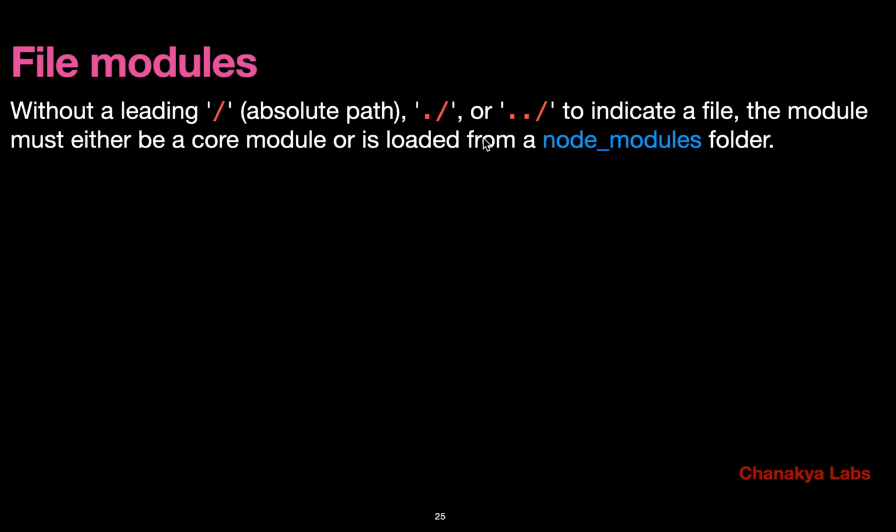But this slash thing is also ambiguous because it does not always make sense. We'll see in ES modules, which can directly be handled in the browser also, that slash will basically mean the root folder. But anyways, these are special cases.